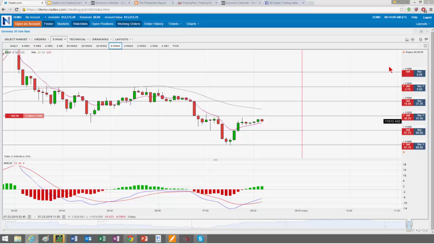Do your own back testing and see if you don't see the same results. Take it a few times in demo mode before you consider going live. Make sure you're comfortable with the development of the hourly candlestick and where to buy and where to sell. And you should be good to go.